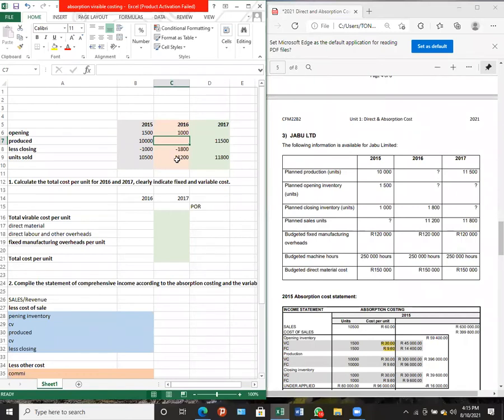Here we have the number of units sold, we have closing, and then how can we calculate the number of units produced? I gave you the formula, guys. I just want to see whether we can solve the problem. The tutorial is for us.